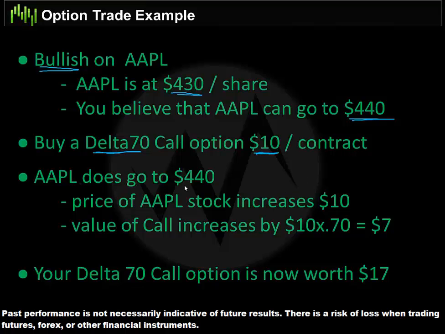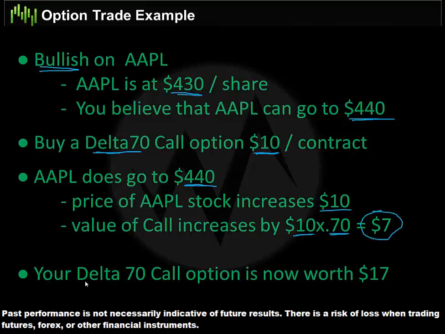Let's just say by middle of the afternoon, Apple does very well. It goes ahead and shoots up $10. It goes to $440. Again, the price of Apple increases by $10. Now the value of the call that you purchased in the morning increases by $10 times the delta, or 0.70, which is $7.